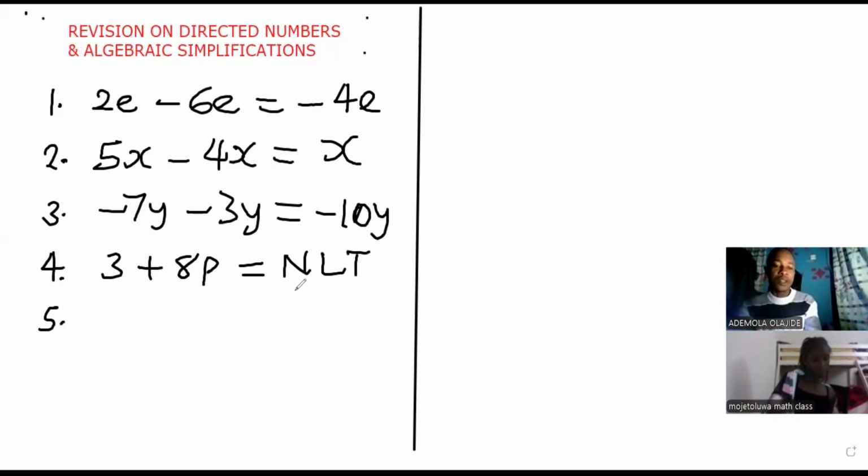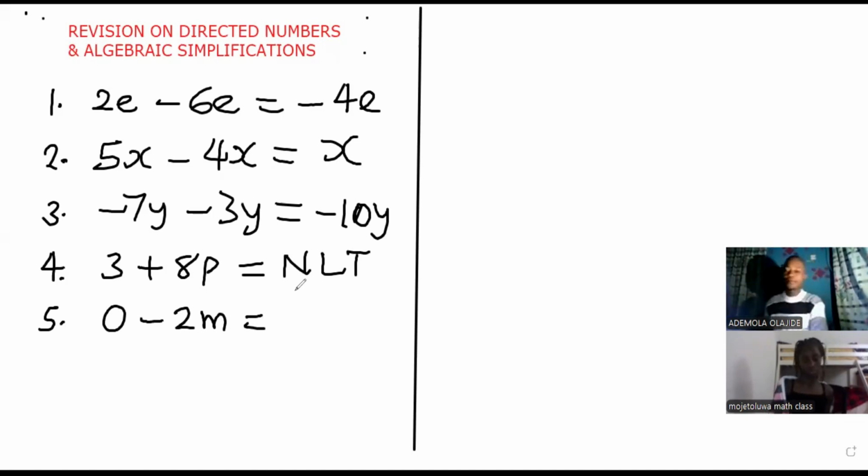So if you have 0 minus 2m, this is going to be not like terms?